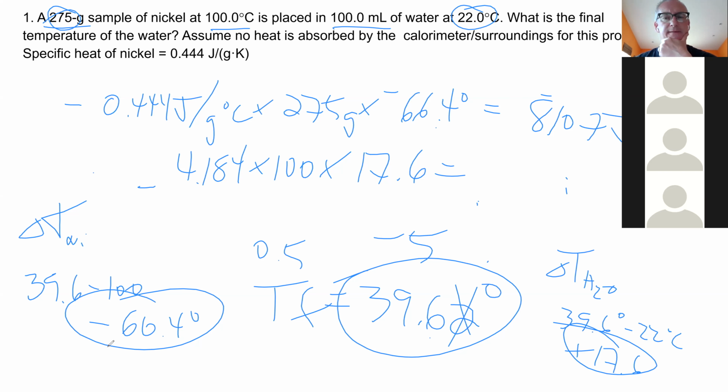Sorry, what was that? I couldn't hear that. Did I make a calculation error? It's supposed to be negative 60.4 for the delta T. Oh, not 66. It's supposed to be 60. Yeah, that's the problem.